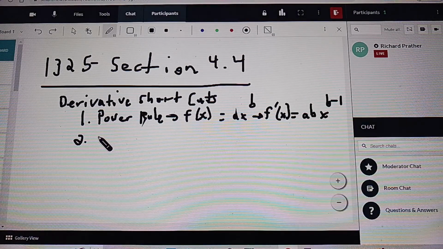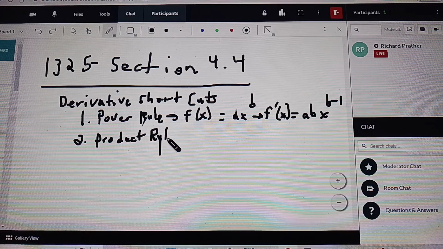Then we had both the product and quotient rule taught in one whole section. This is when you start off with 2 functions of x multiplied together.